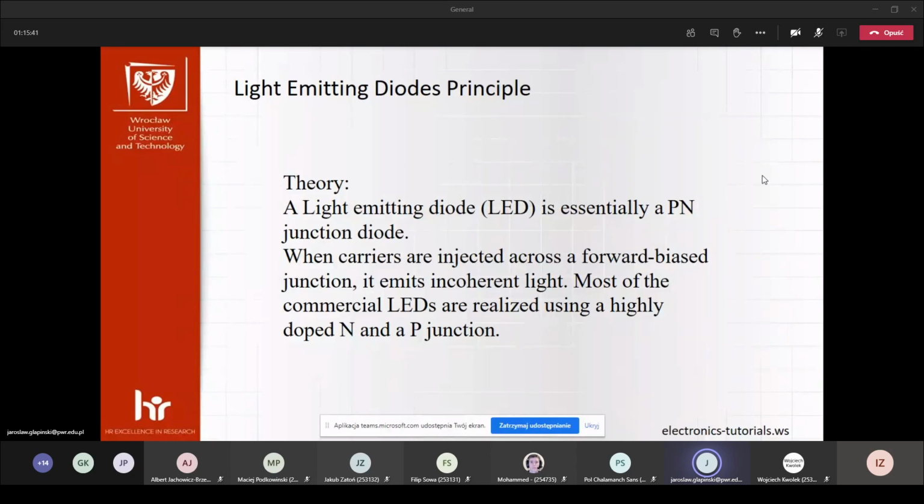It was shown that if we combine such a sandwich with PN, we can have an element which emits light. So we can make a light emitting diode using the PN junction.